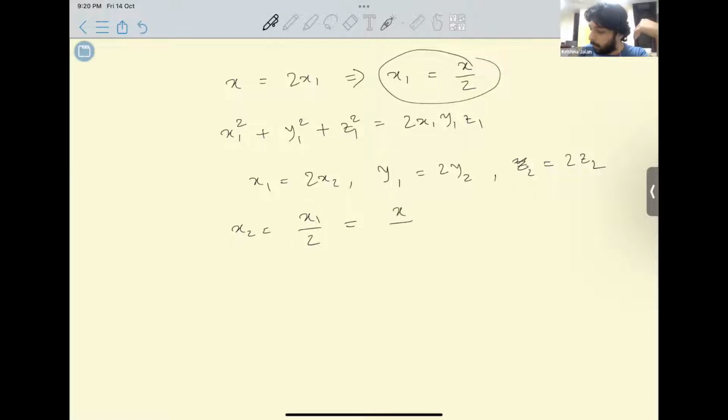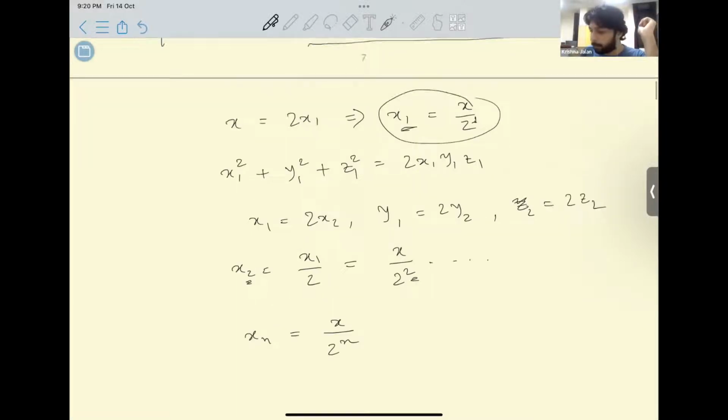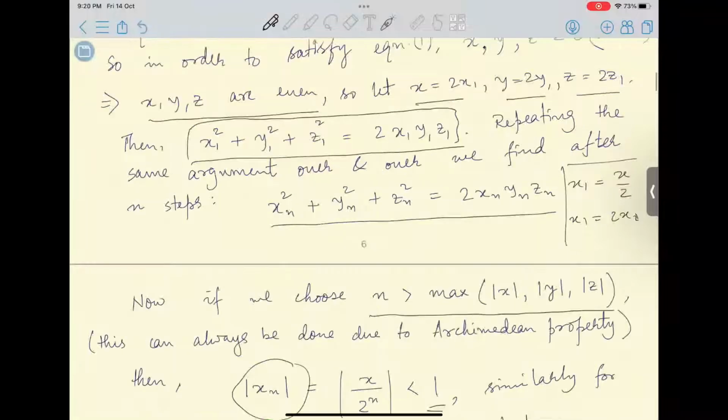So I will have x by 2 squared. And if I repeat this argument n times, I notice that xn will be equal to x by 2 to the power n. You notice this one? Yes. This is 2 and this is 2. So naturally xn will be x by 2 to the power n. Is it okay? Yes, sir. Okay.